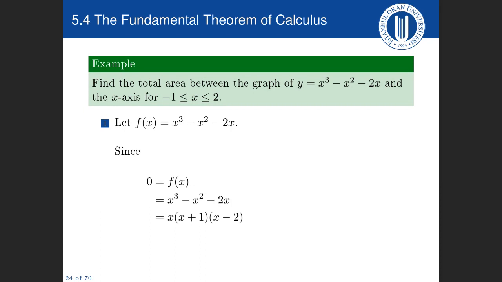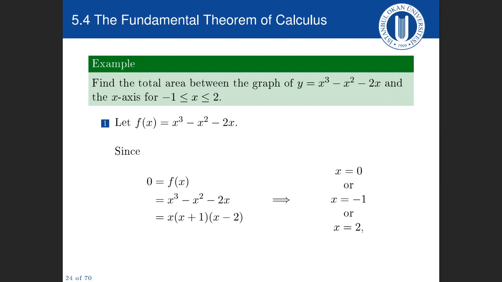So the first thing to do is to solve the equation 0 is equal to f of x. And if we factorize f, we get x times x plus 1 times x minus 2. So quickly we can see that the function is equal to 0 if and only if x is 0, x is minus 1, or x is 2.